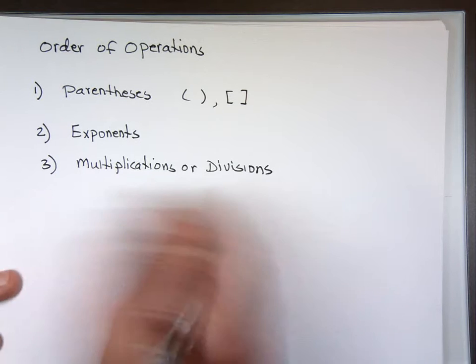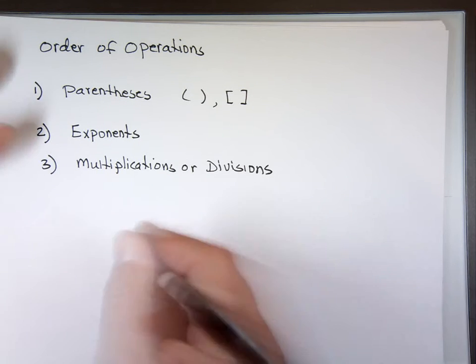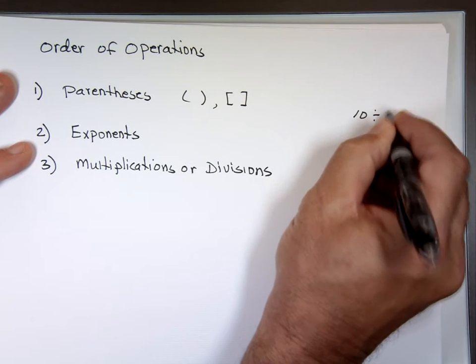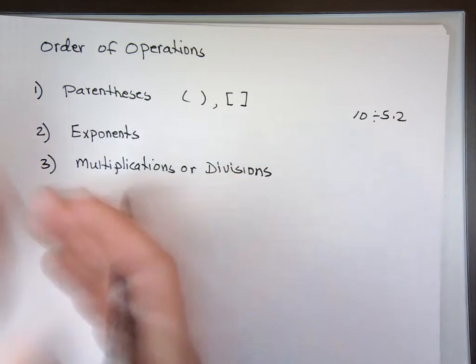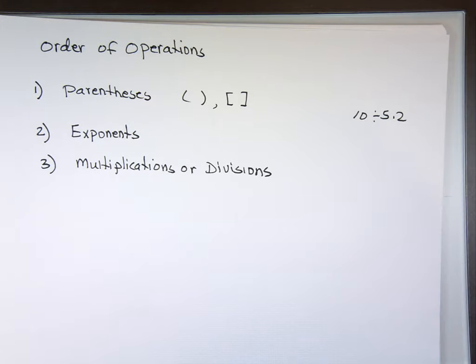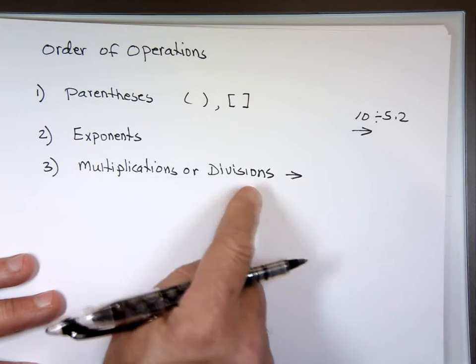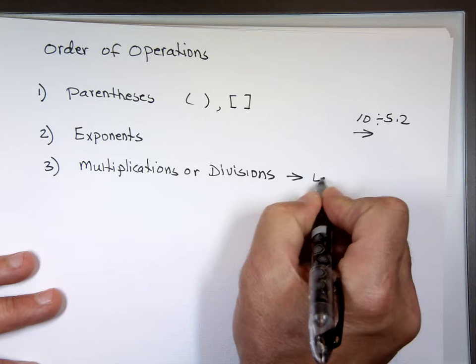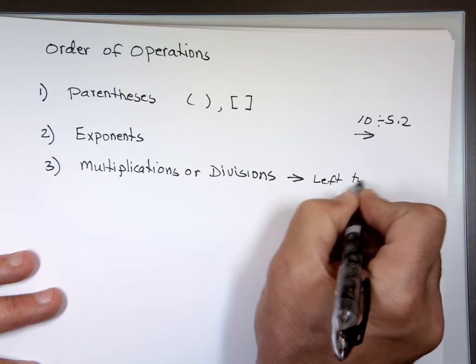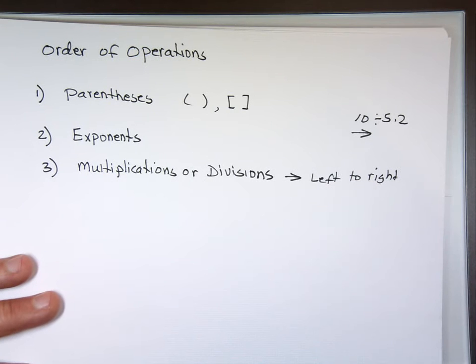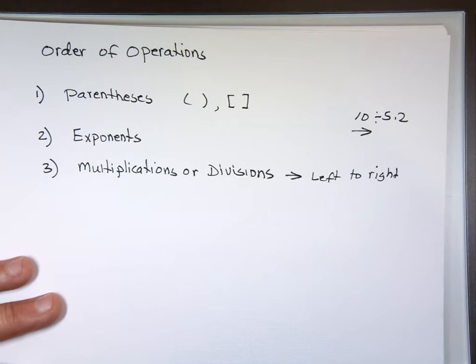Well, no, assuming there's no parentheses. I have a problem like 10 divided by 5 times 2. You see this, which one do you do first? The division. Why division? Because this is the division. You go left to right, correct. So the order you do multiplication and division, you go left to right. So if you see division first, you divide. If you see multiplication first, you multiply.